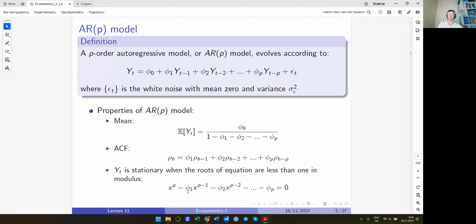Now we have more than one coefficient, and that's why we need to solve the following equation: x to the power of p minus phi 1 x to the power of p minus 1 minus phi 2 x to the power of p minus 2, and so on. Then all the roots of this equation must be less than 1 in absolute value, in modulus. This is how we can verify the stationarity of a time series.